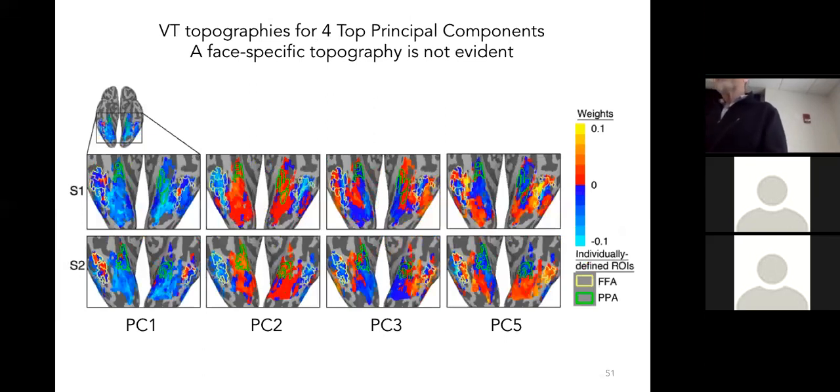The face versus object vector in ventral temporal cortex accounts for about 7 or 8%. So that topographic feature of ventral temporal cortex, which exists and is a very important feature, is just one relatively small component of explaining the topography of ventral temporal cortex.